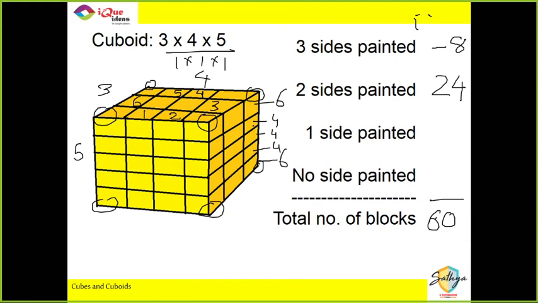Look at it. In the top layer 1, 2, 3, 4, 5 and 6. So 6 in the top layer, 6 in the bottom layer, and middle always 4. Got that, Shashwat?